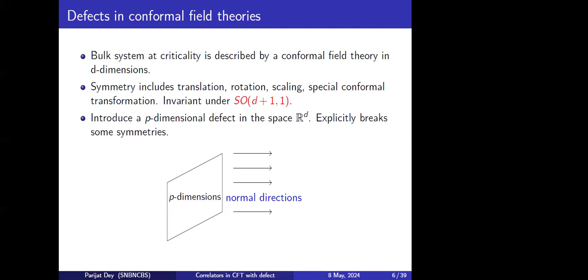We can have coordinates on the plane and the normal to the plane. So this is p dimension and these are the normal directions.